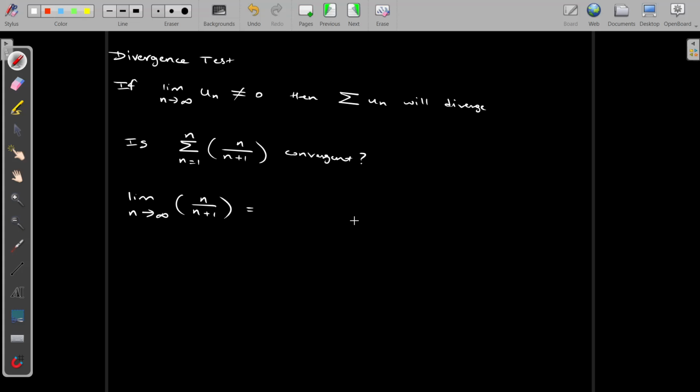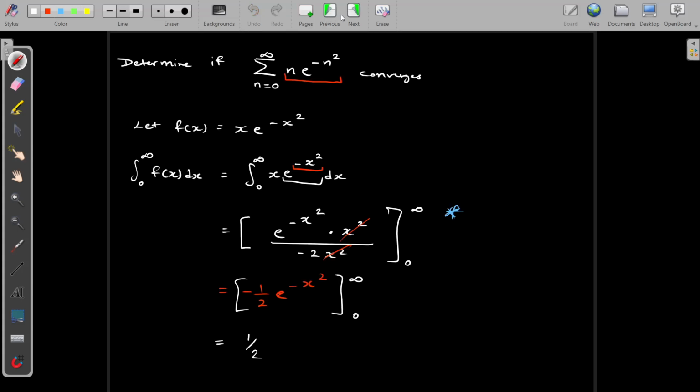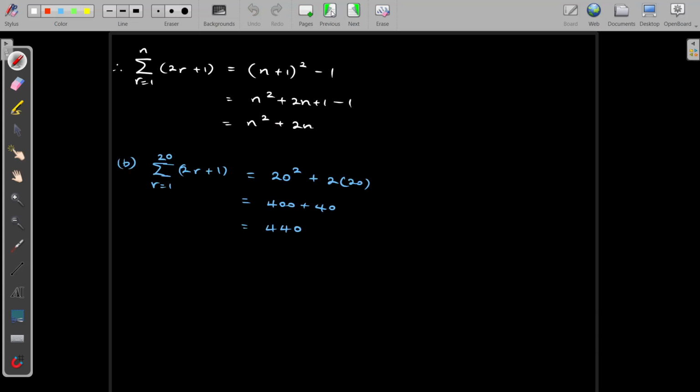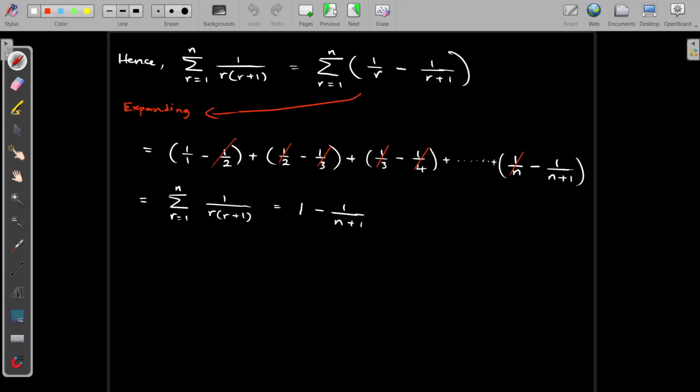So separating this, this can be separated using partial fractions. This is what we did earlier. Let's see. The first thing that we did, yeah, it was this. So this expansion is what we have now.